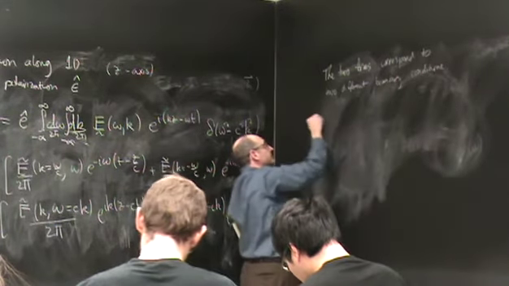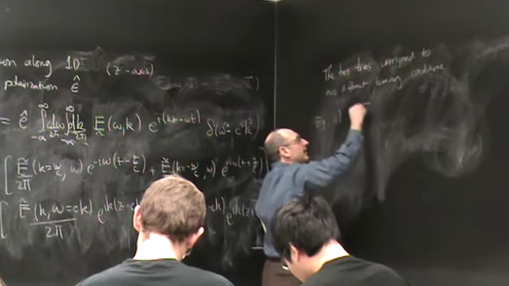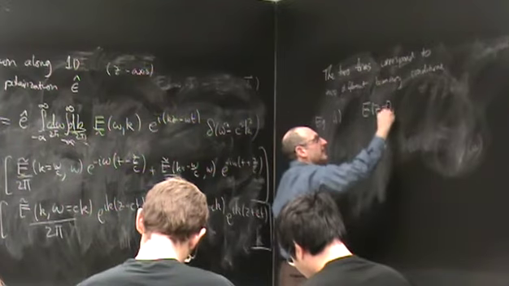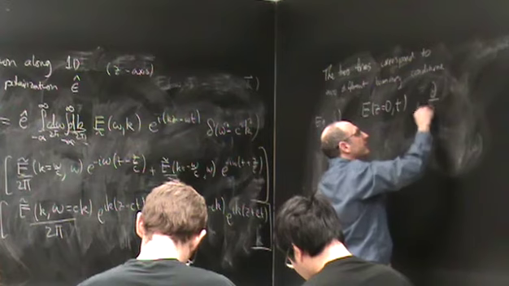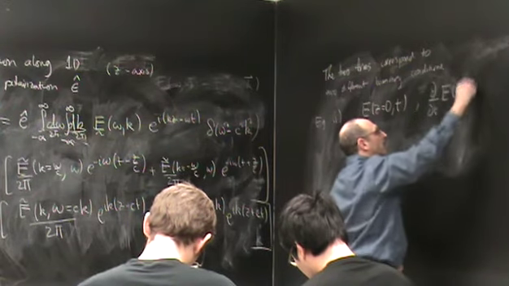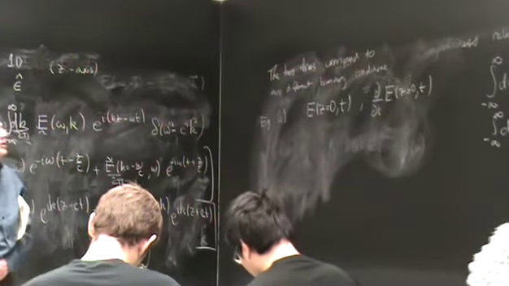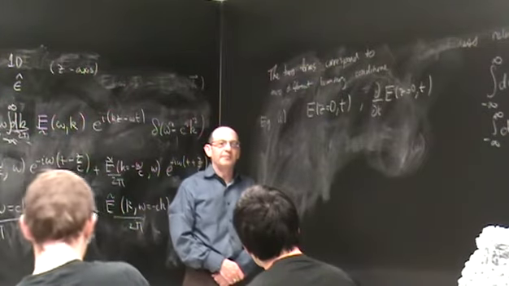For example, in case 1, suppose I'm given the electric field at the z=0 point as a function of time. And I'm also given the time derivative of the electric field at z=0 as a function of time. So for example, suppose I have a microwave generator.